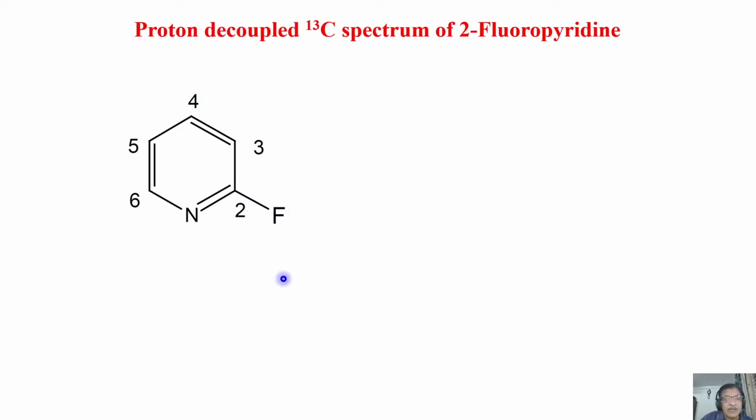So this has to be the largest coupling. Then it is a 2-bond carbon fluorine, then 3-bond, then 4-bond. Depending upon how many bonds separate them, the coupling strength between carbon and fluorine decreases. Based on the coupling strength itself, we can make the assignment for each carbon.